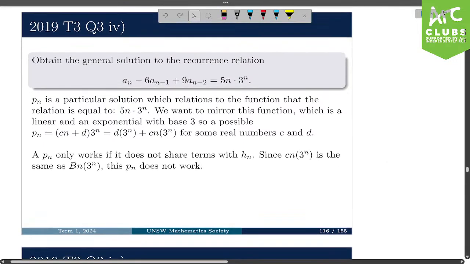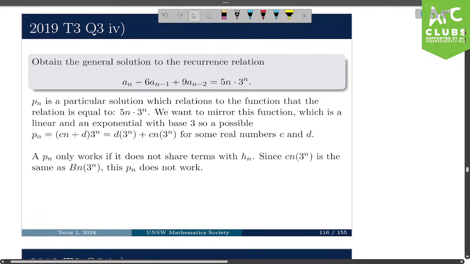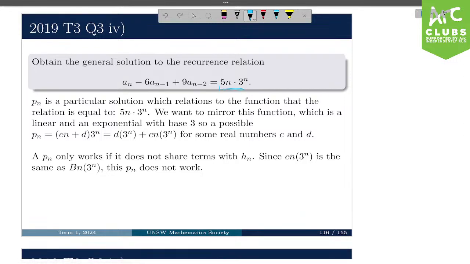Now we know what our H_n is, we'll look for our P_n. What our P_n does, as said before, is eliminate this part here. Since it's exponential and linear, we're looking for P_n as a linear times 3^n, for some real numbers c and d.